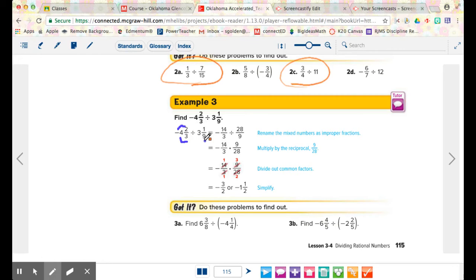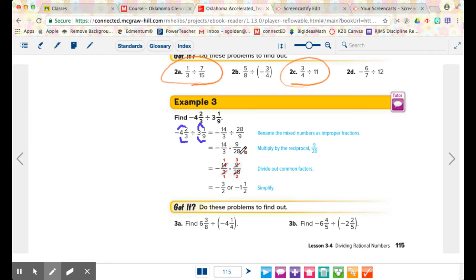Then the second one, we do the same thing. 3 times 9 is 27, plus 1 more is 28. So we have 28 over 9. Now, from here, this is still a division problem. We cannot divide two fractions. So we have to flip it and multiply. We use our multiplicative inverse, or the reciprocal. So we take -14 over 3 times, flip that second fraction, and it becomes 9 over 28.